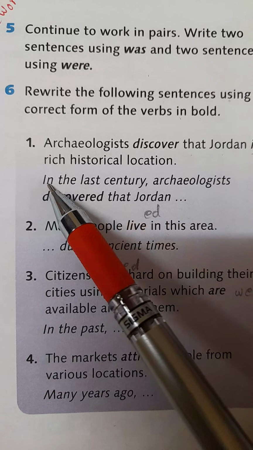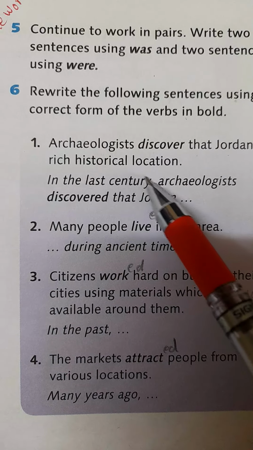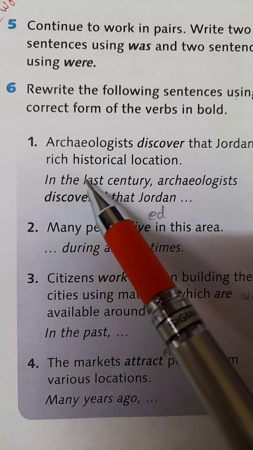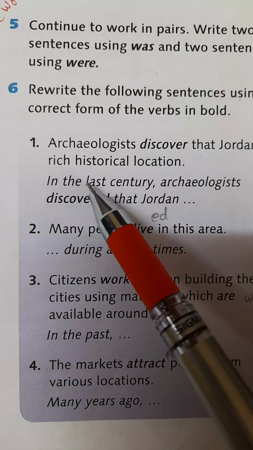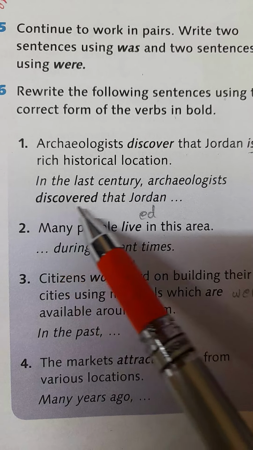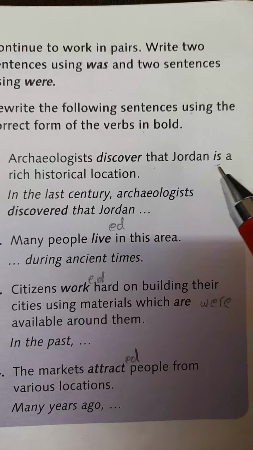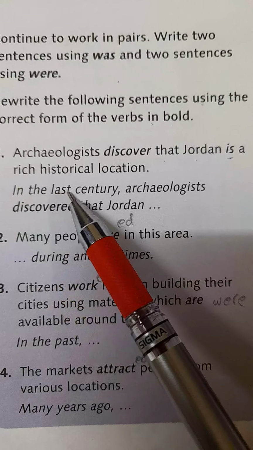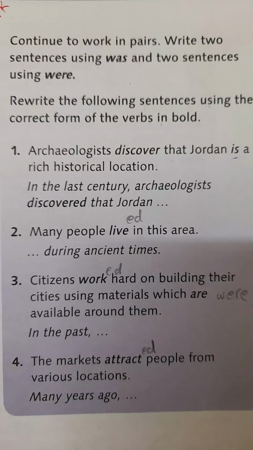Now look here, we have in the last century, so we will talk about the past. Archaeologists discover, we will write it, discovered that Jordan was a rich historical location. Very good.